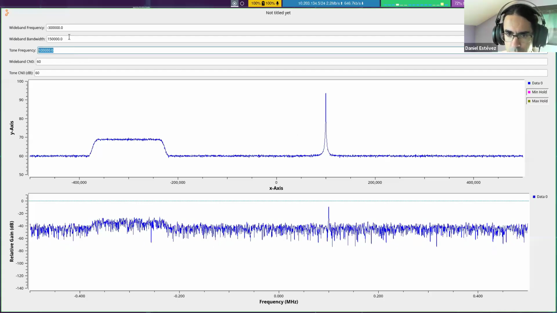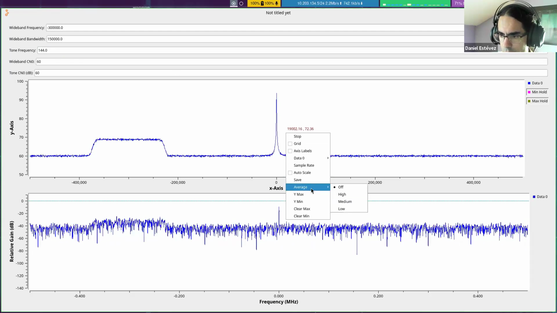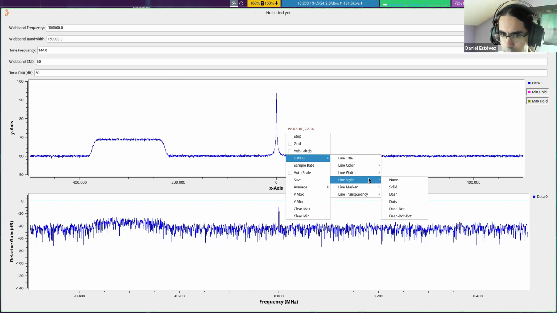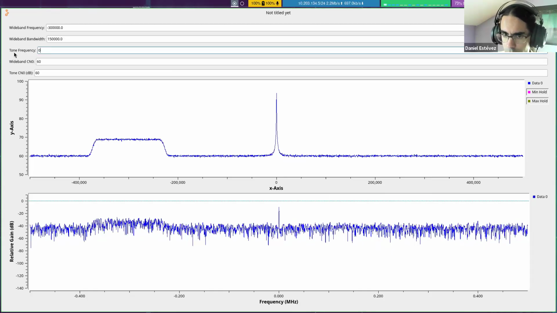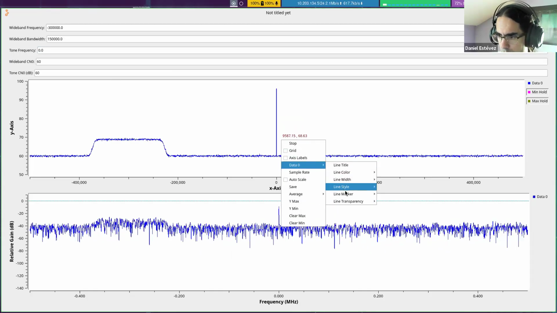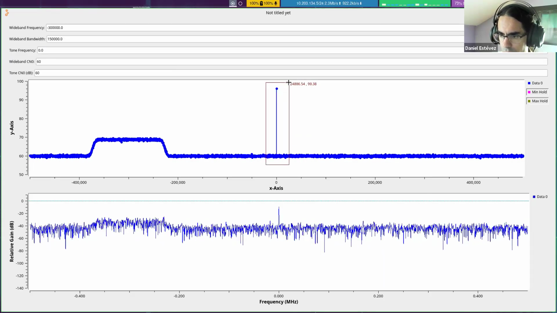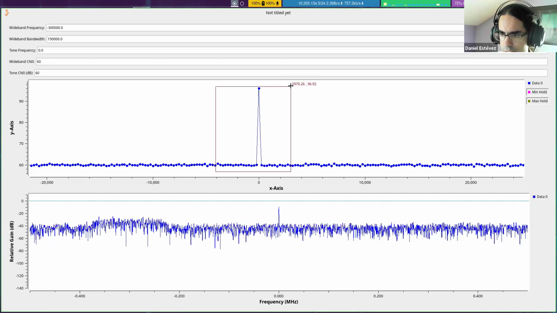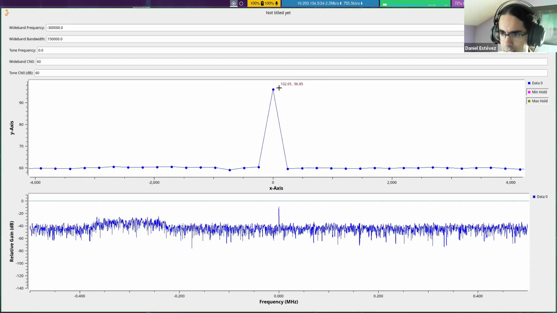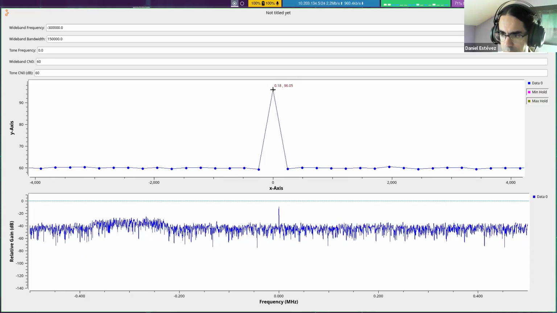So that's the most basic, and the reason no one uses it is that it is excellent when the signal is centered exactly at an FFT bin, because then we only see the signal at that FFT bin.